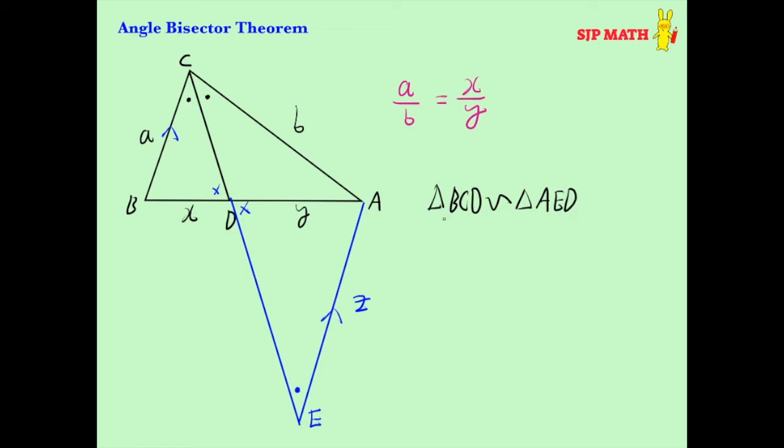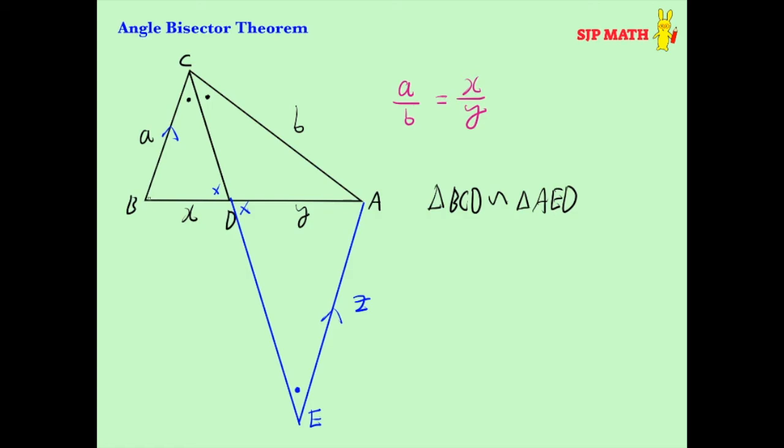Okay, wait a sec, I'll just make that similarity symbol a bit neater. There you go. So triangle BCD is not congruent, it's similar to triangle AED. So what does that tell us?